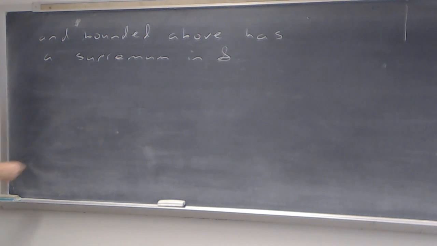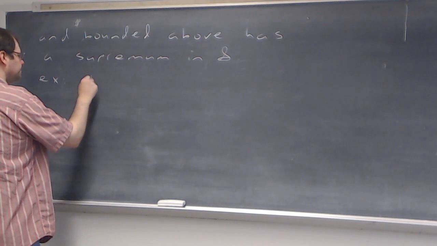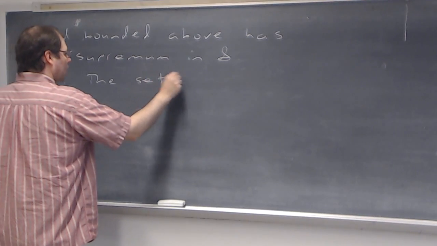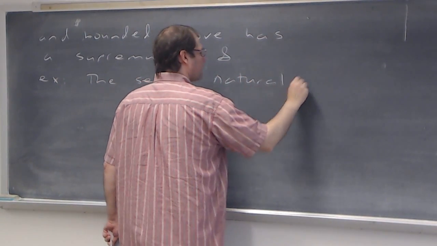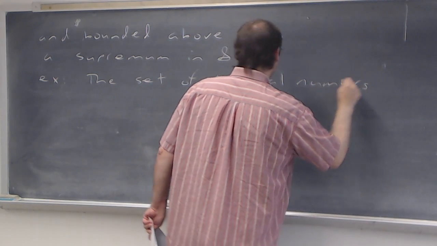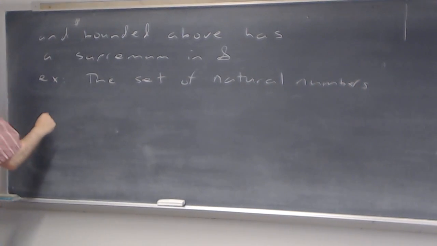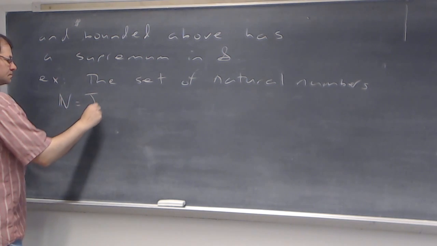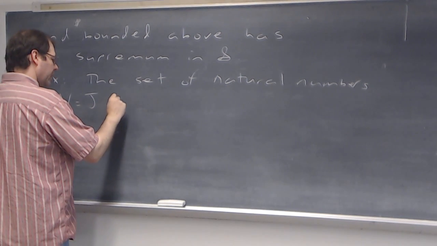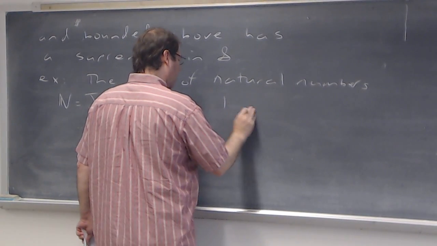Now, as an example, the set of natural numbers, I'm going to call it script N, the book sometimes calls it J, has the least upper bound property.